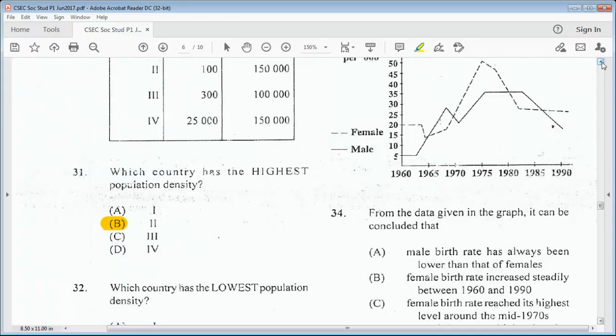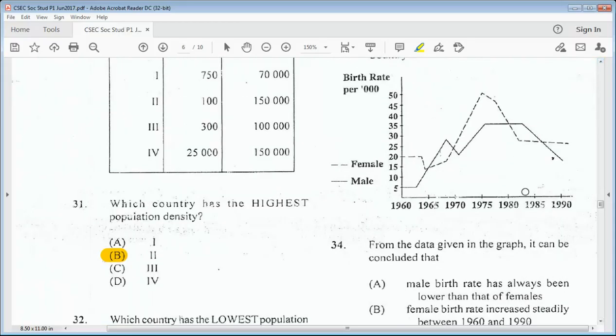Let's look at it. Male birth rate has always been lower than that of females. Absolutely not. Look at the male. It has not always. There are times when it exceeds the female. So answer A is out.